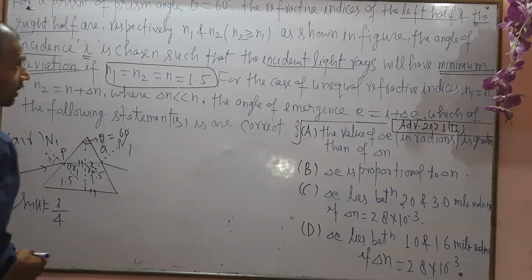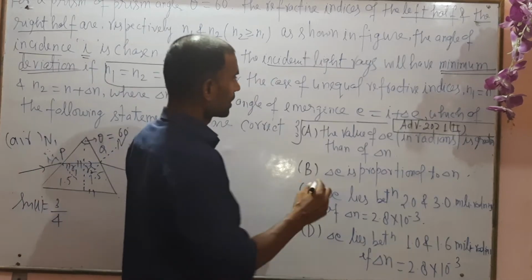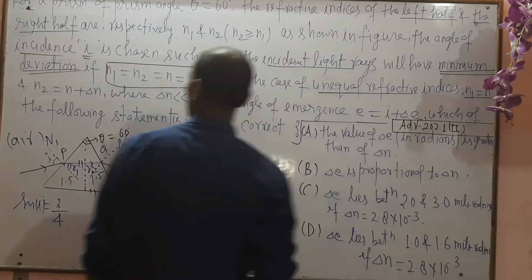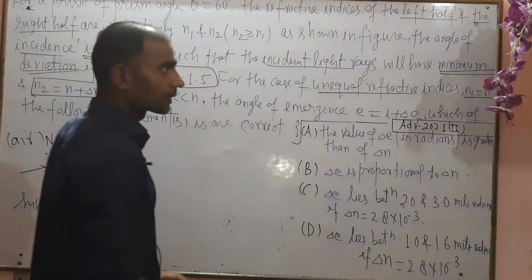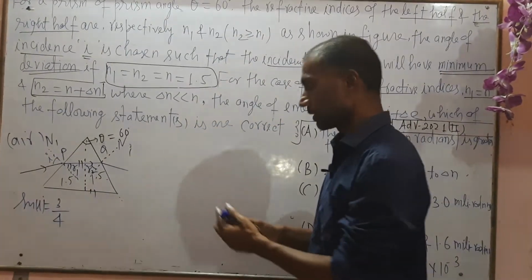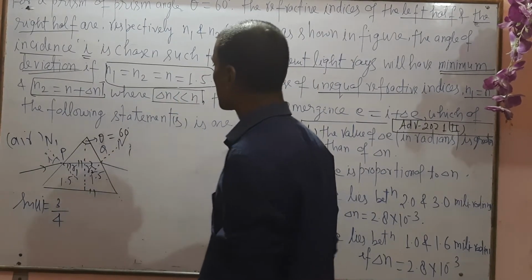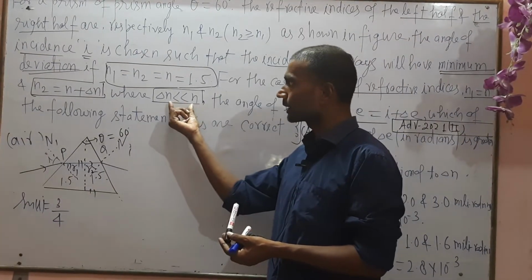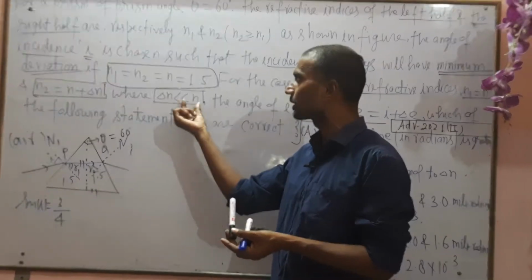Also, for the case of unequal refractive indexes, n1 equals n and n2 equals n plus delta n, where delta n is less than n, that is, n is greater than delta n, meaning delta n is a very small quantity compared to n.